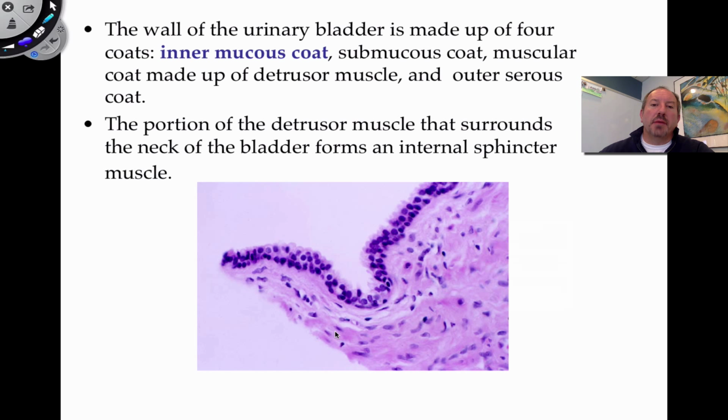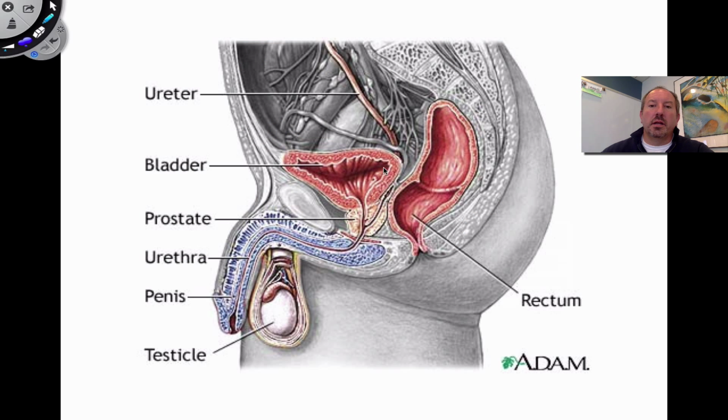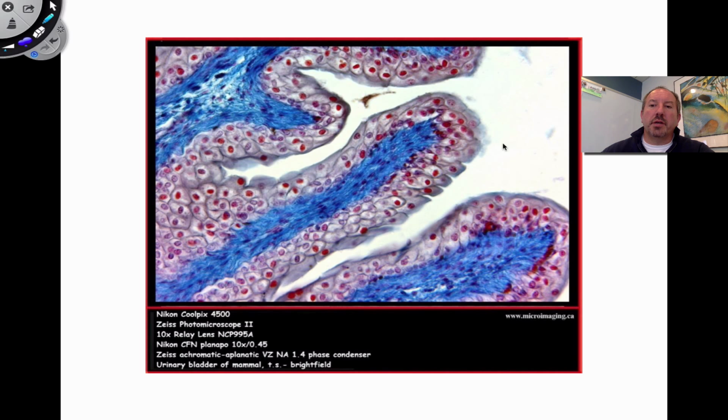Detrusor muscle helps to surround the bladder, and together that muscle combines with this internal sphincter muscle. Now, this is a really cool micrograph showing the mucosal layer of the transitional epithelium, and this is the submucosa here. So the urine would be over here in the bladder lumen right there.